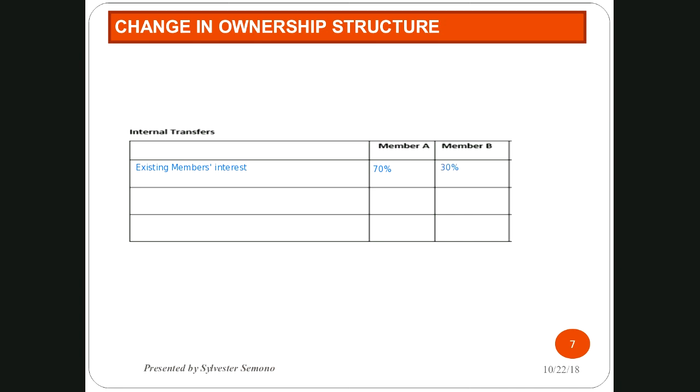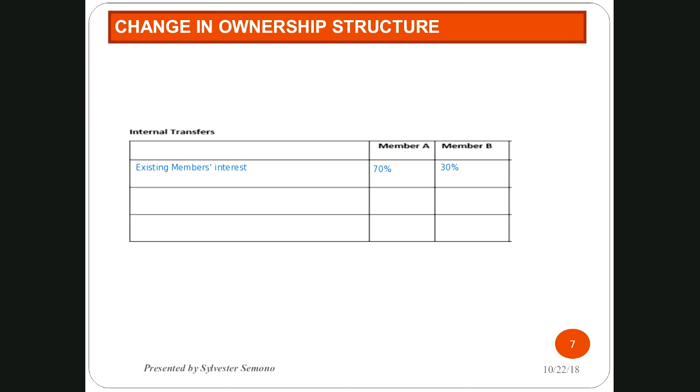And now, according to our information, remember there are 3 scenarios. The first scenario is where we admit a new member. The second one is where a member resigned. And the third one is internal transfer. So this one, as I indicated, is our internal transfer.